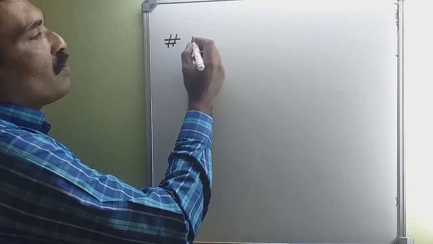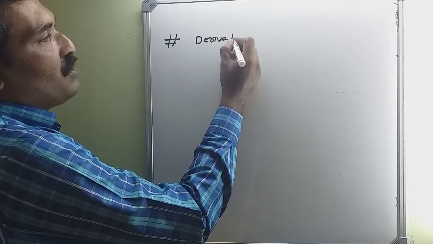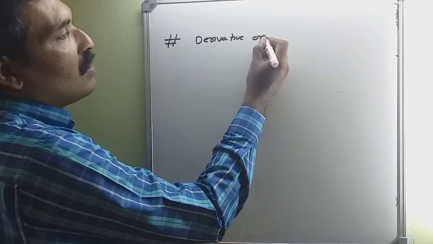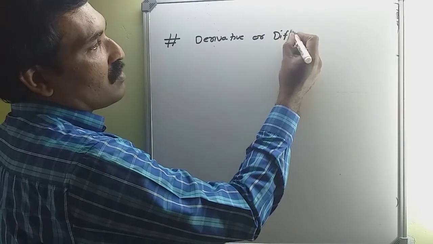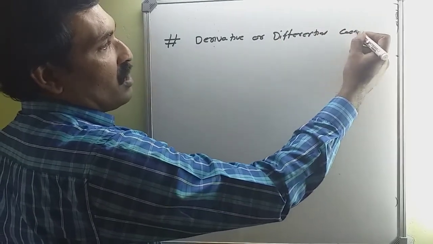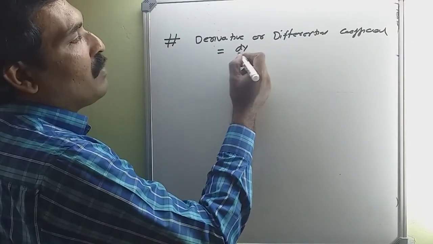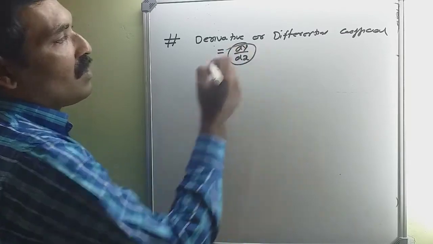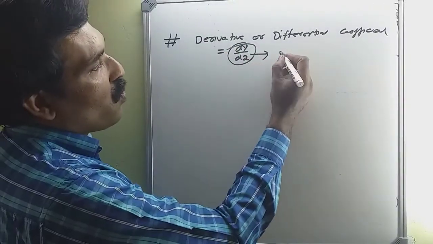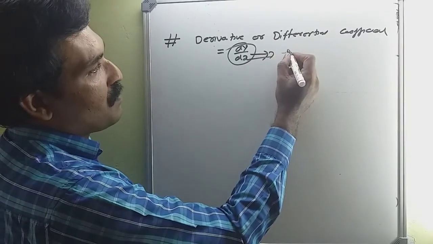Now, we know that your derivative or differential coefficient is equal to dy by dx. Actually, what is the physical significance of dy by dx?